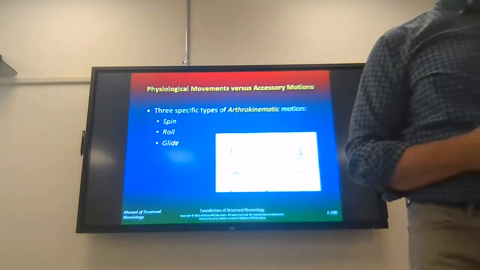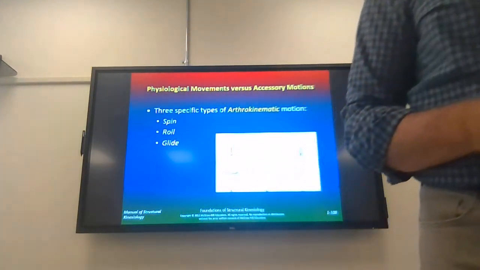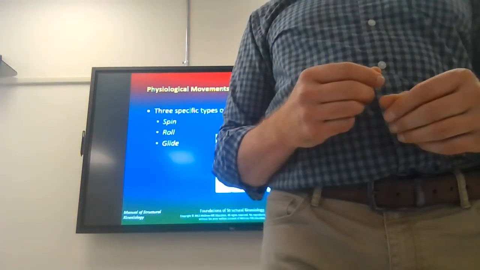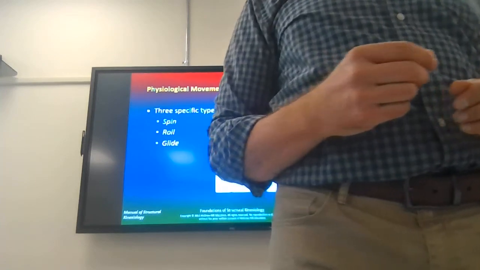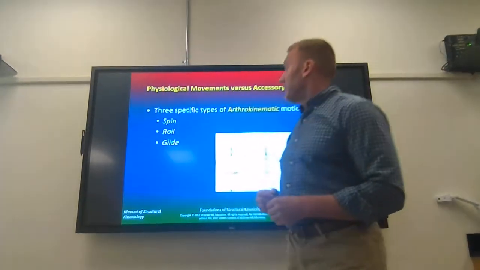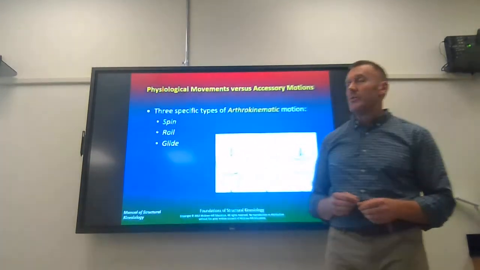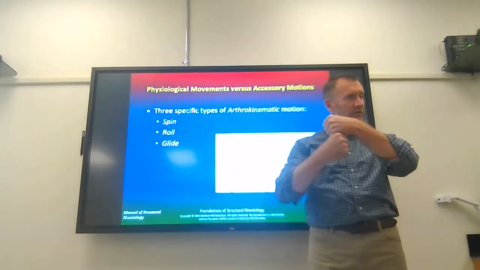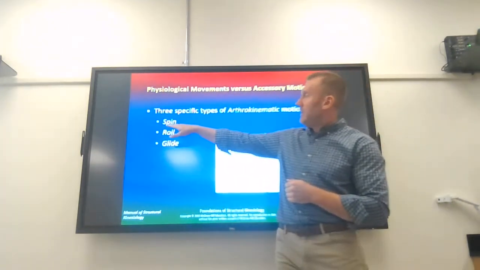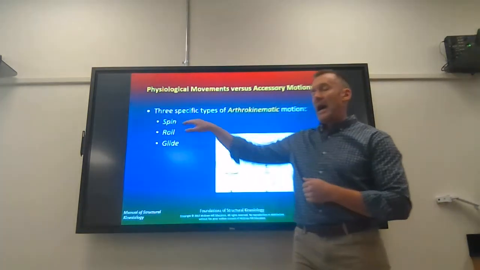Spin, roll, and glide. Do you remember how we talked about how the knee joint is not a pure hinge joint? That it has a little bit of rotation? That would be an arthrokinematic motion. So the rotation that we talk about between the femur and tibia as the knee flexes and extends would be this spinning type action.